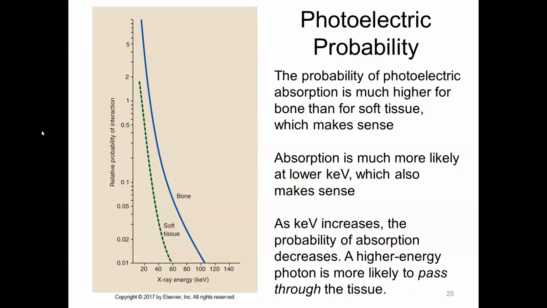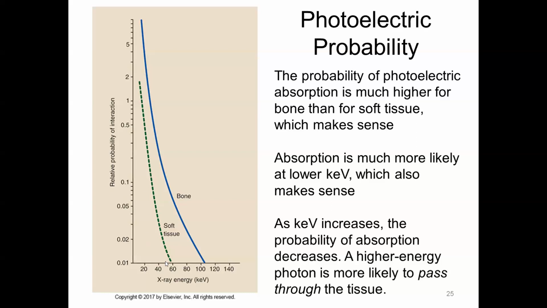So at low energy levels, you're going to have a lot more absorption. As you increase your energy, the probability of absorption decreases. And the higher energy photon is more likely to pass through the tissue.